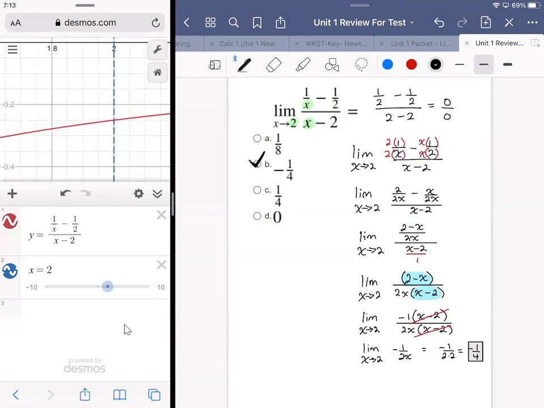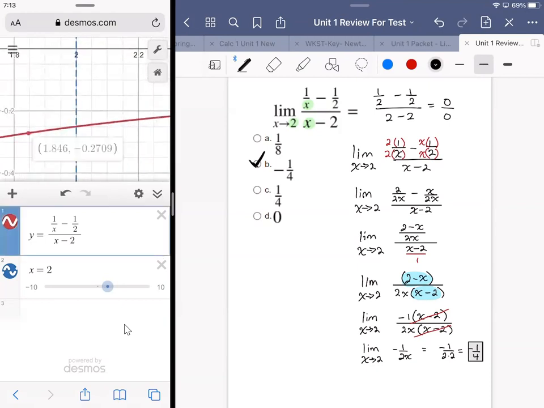However, I think it's probably borderline common sense that as you're going through and you're like, okay, what value is this approaching? I'm not 100% sure, but it sure does seem to be closing in on negative 0.25, at least before it goes to undefined.